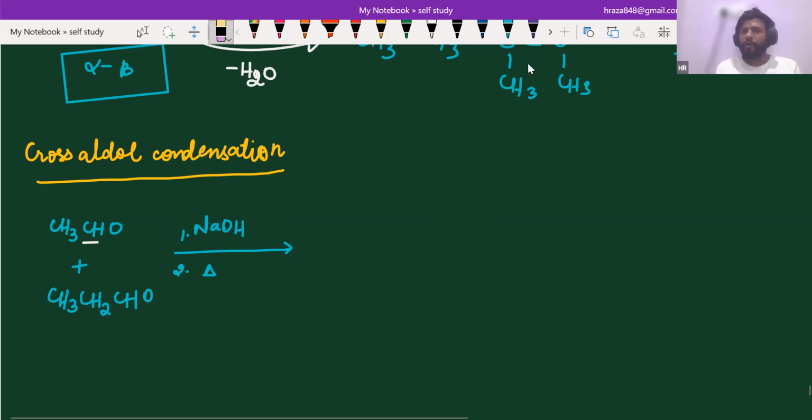I know you have already done it in the previous class, but it will be very helpful to understand. Please do aldol condensation separately for CH3CHO and CH3CH2CHO. Don't look at the solution or explanation I had given in the previous class. Do the aldol condensation of this separately as well as this. I'm waiting. And please let me know the answer.